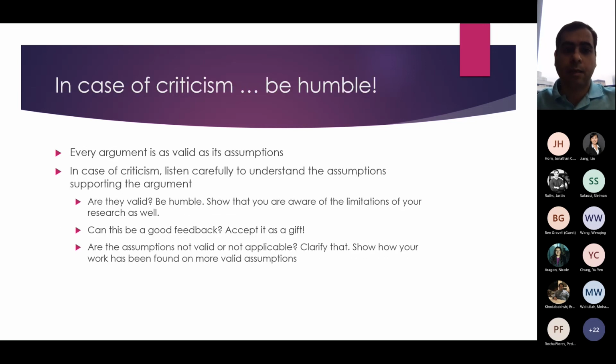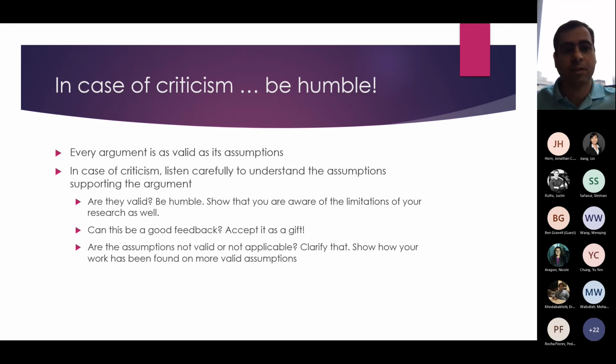In the next slide, we want to touch on the case of criticism. If someone asks you a question that is hard to answer or criticizes your work, what should you do? The first thing is, first, be humble. There is a world of knowledge out there that you are not aware of. But to address this very well, be aware that every argument is as valid as its assumptions.